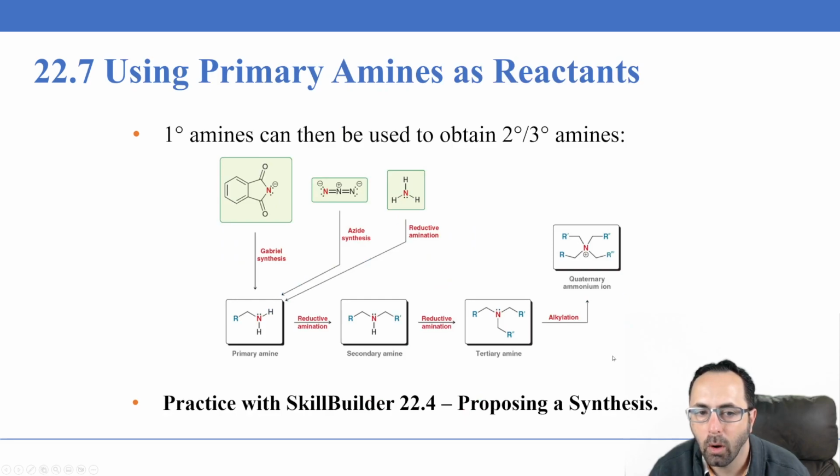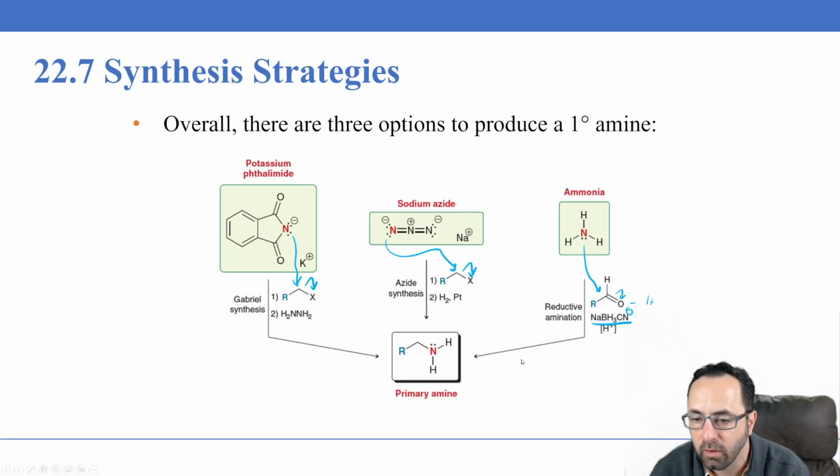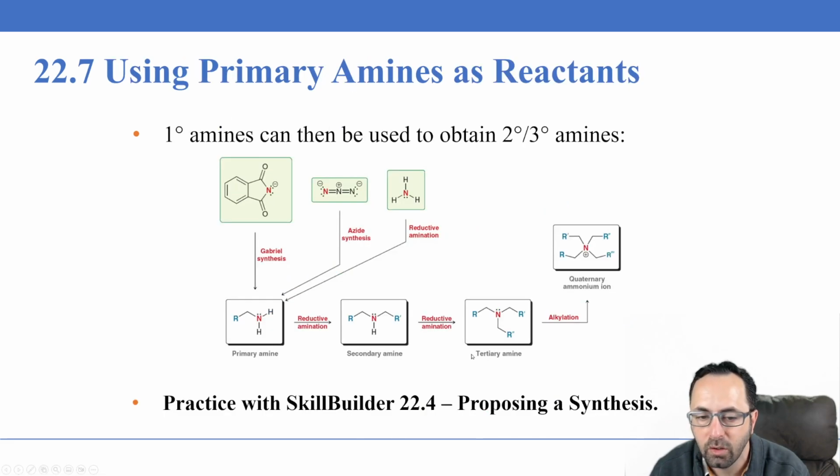If we want to create secondary or tertiary amines, what we do first is create a primary amine, and we can perform a reductive amination on it to make a secondary amine.